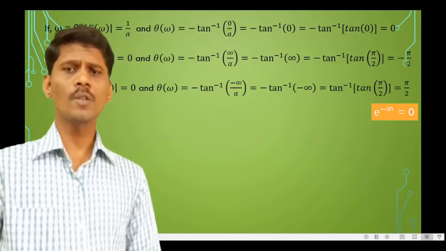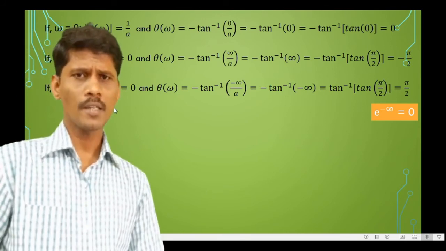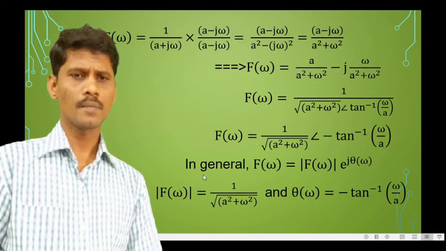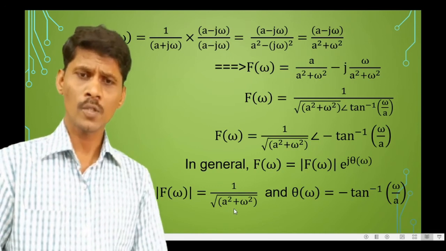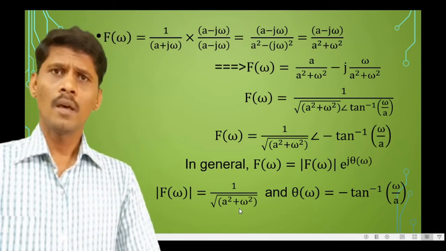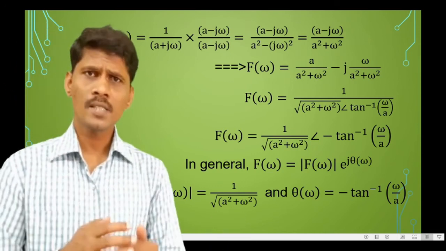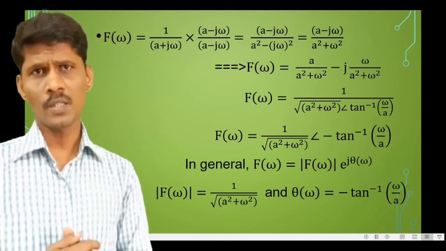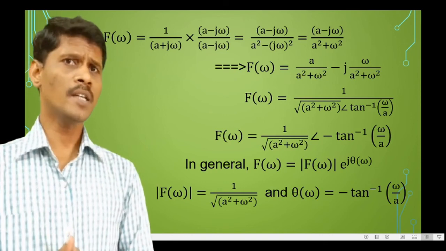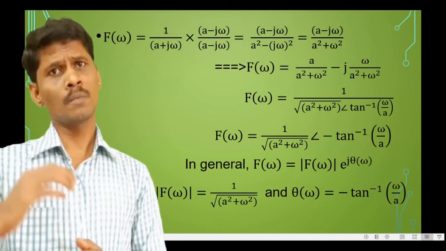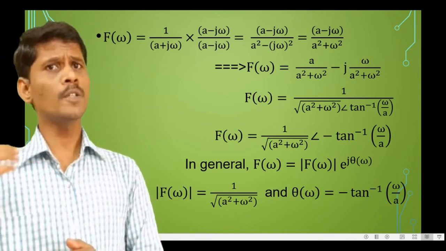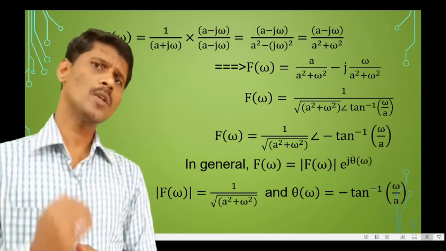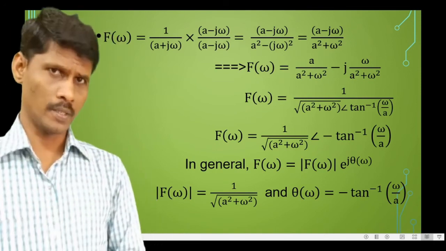If omega is equal to 0, what is the magnitude? 1 by under root of a square plus omega square. In the magnitude spectrum, the x-axis is frequency, omega, which varies from minus infinity to plus infinity. Calculate all values of omega from minus infinity to plus infinity, and calculate the corresponding magnitude values of f of omega.